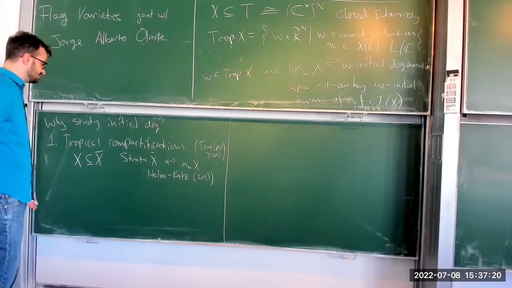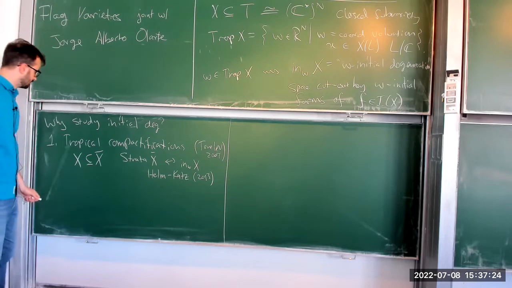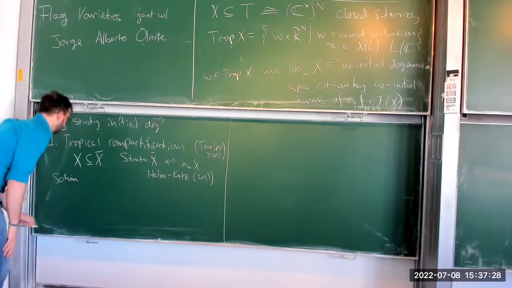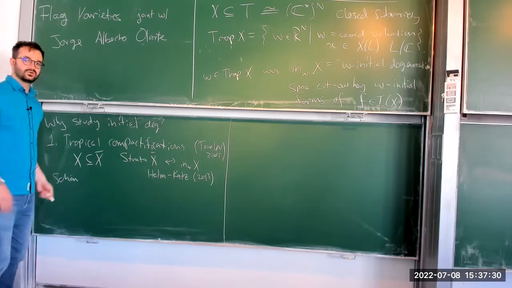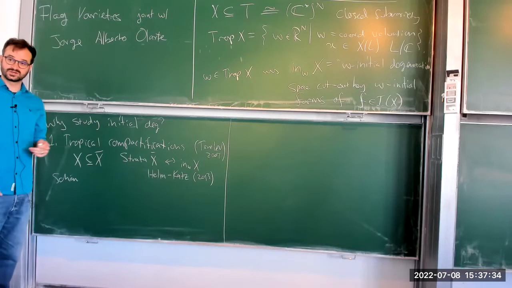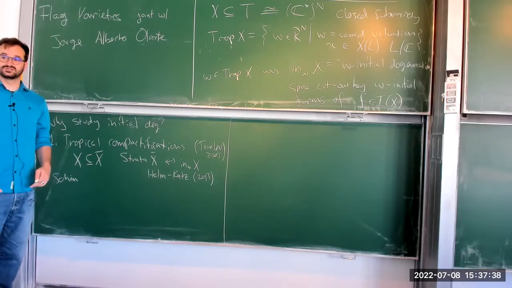And so in this family of ideas of tropical compactifications, there's this notion called being schön. One equivalent way of phrasing whether a closed subvariety of an algebraic torus is schön is by requiring that the initial degenerations are all smooth.